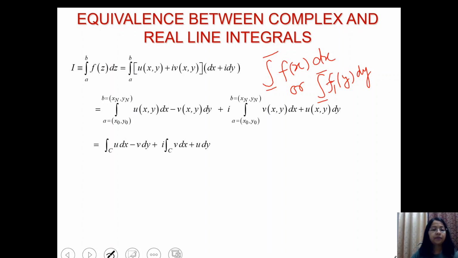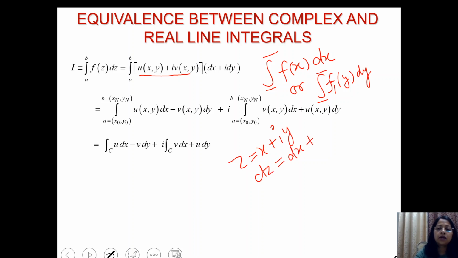Okay. So here the function of x and y, which are u and v, both are substituted, and dz, of course, if z is x plus iota y, then dz becomes dx plus iota dy, right? So accordingly we have substituted the value of f(z) in terms of u and v, which are nothing but functions of x and y, and dz is substituted in terms of dx and dy.